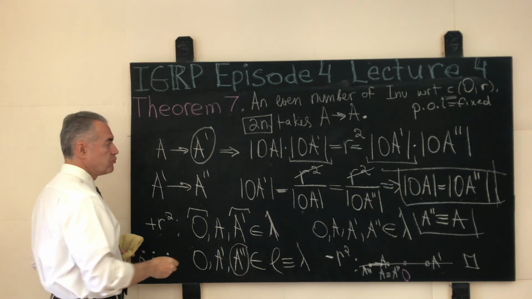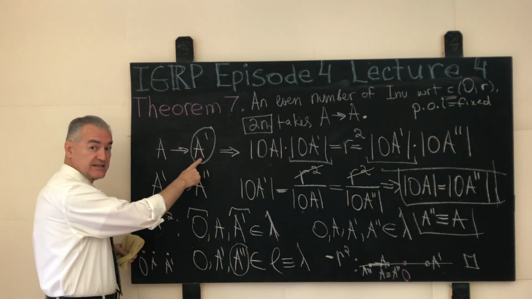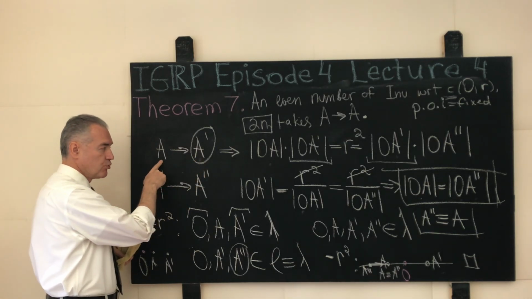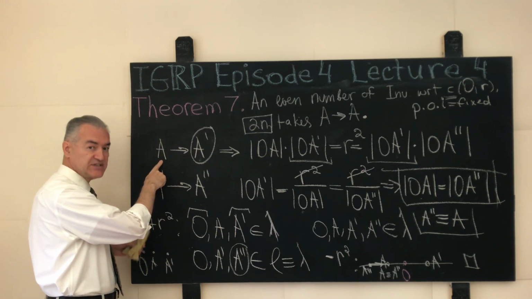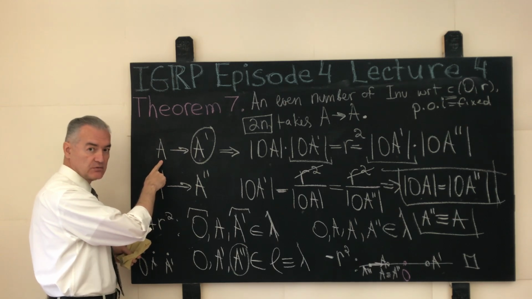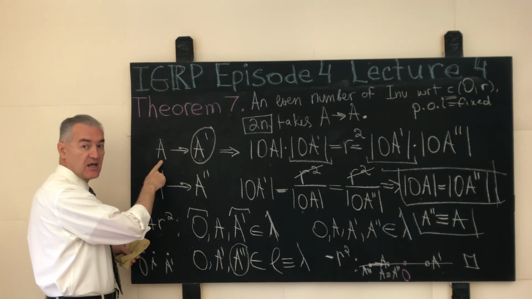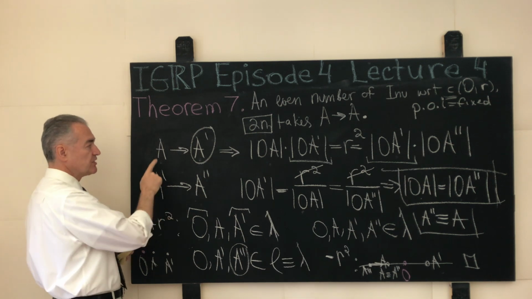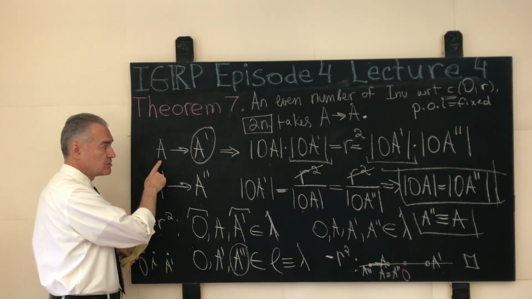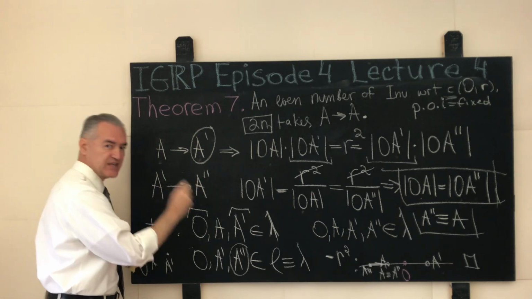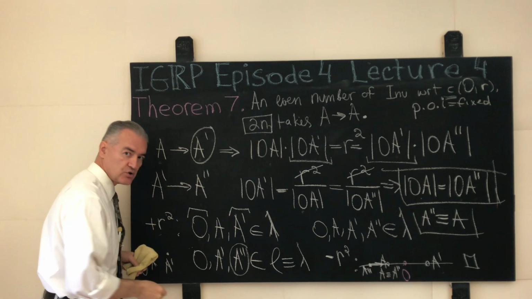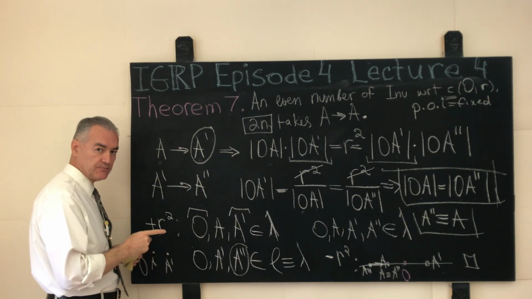If the point A prime is the image of the pre-image point A under the inversion of the given plane with respect to a circle C centered at O with the radius R and the chosen and fixed power, then conversely, the point A is the image of the point A prime under the inversion of the same plane with respect to the same circle under the same power.